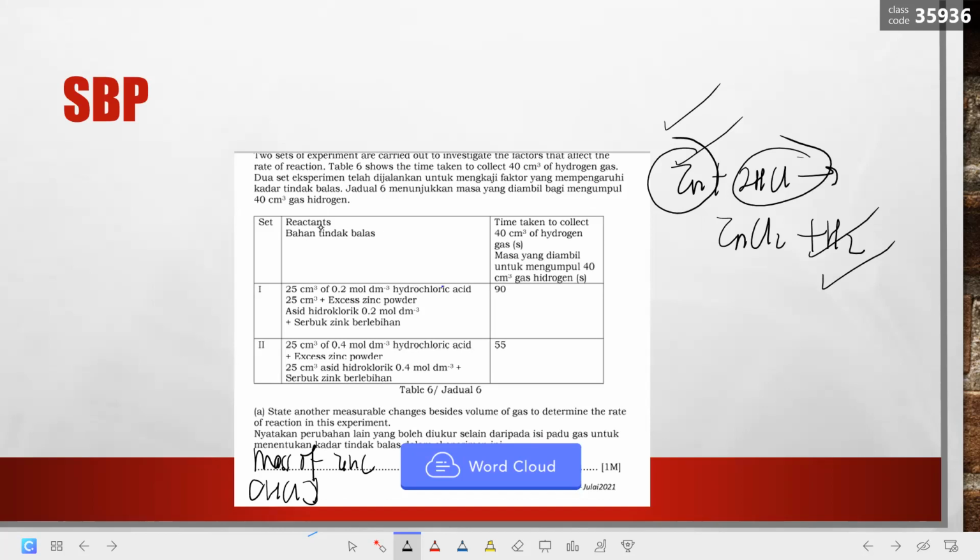You must know how to extract. Okay, Zahir got it correct.